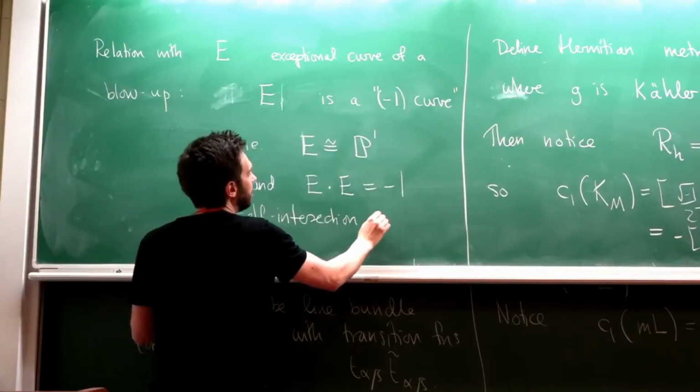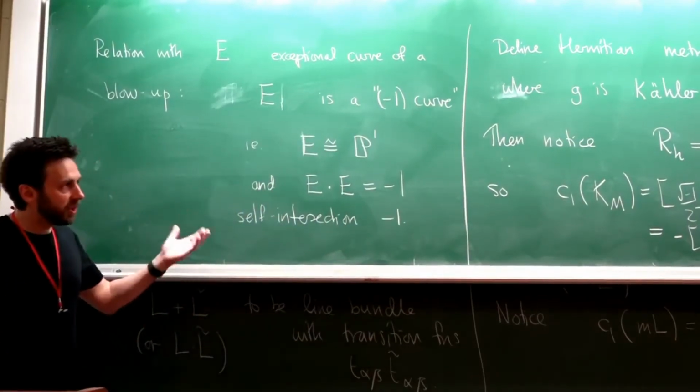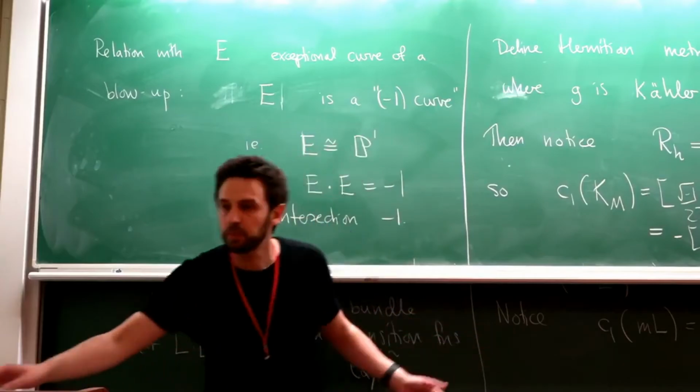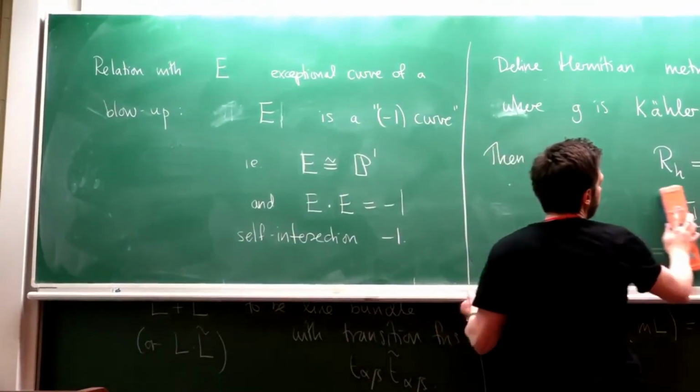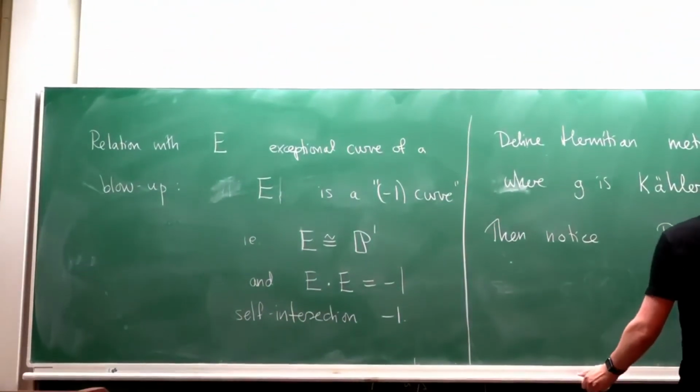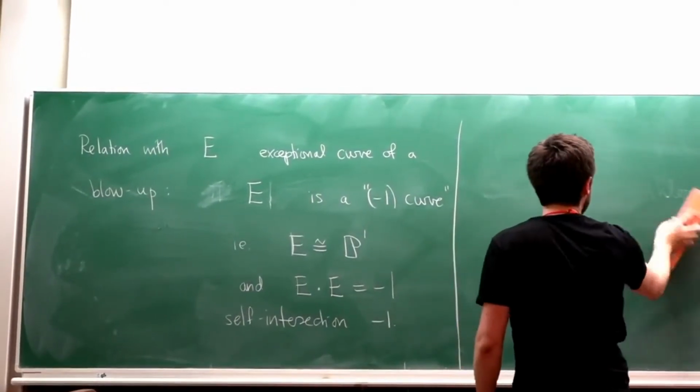Well, how does a curve intersect itself? Well, we don't need to worry about that because we have a definition. So we don't need to worry about what that means geometrically.